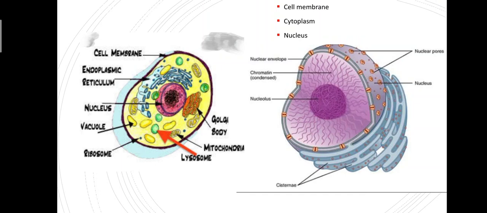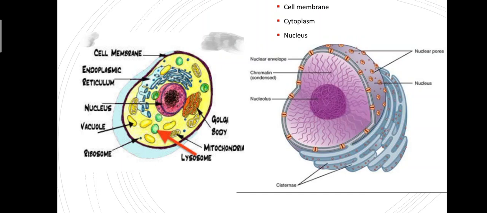There are many small cytoplasmic bodies suspended in the cytoplasm. This yellow portion in the first figure is cytoplasm. It occupies the space between the cell membrane and the nucleus. All the chemical reactions of the cell occur in cytoplasm. How do chemical reactions take place?